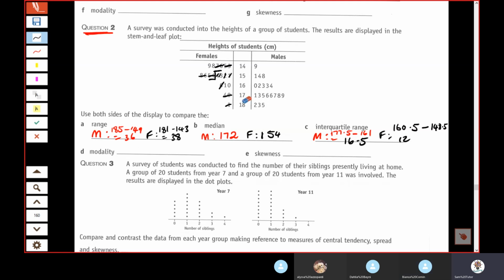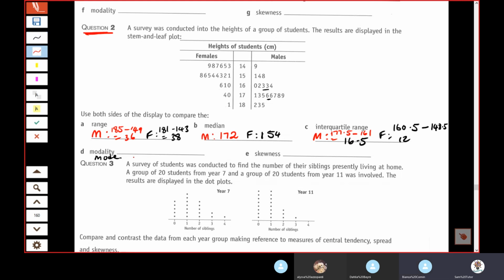Modality. Modality is what? What does it sound like? The mode. So is it bimodal or is it just a single mode? The mode for the boys is 176, 163. So that's bimodal.